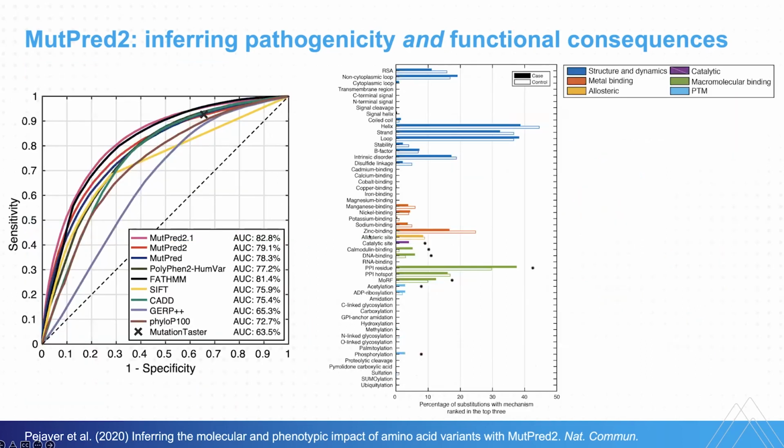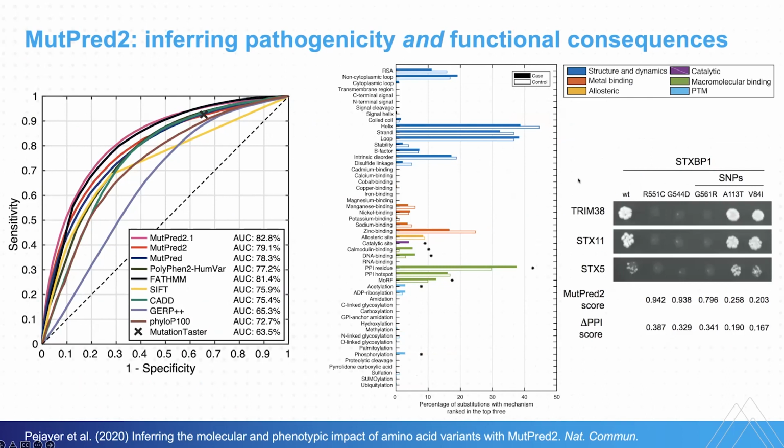And the method works great in practice. We've done evaluations, we've compared against other methods. But one's also able to derive functional signatures of different disorders. On the right here, I'm showing a data set of de novo variants from neurodevelopmental disorders. And the take home of this particular image is that macromolecular binding is a common mechanism that's disrupted in this disorder.